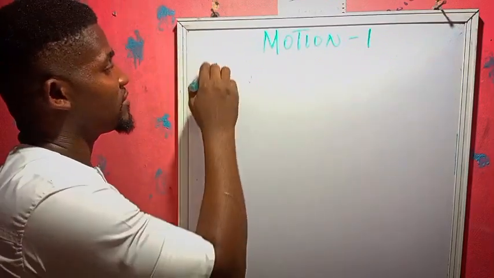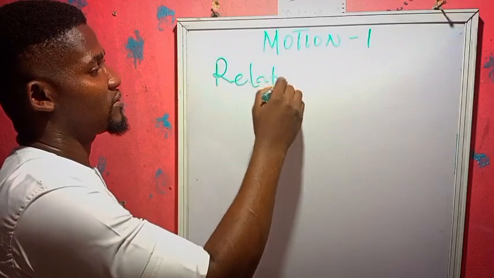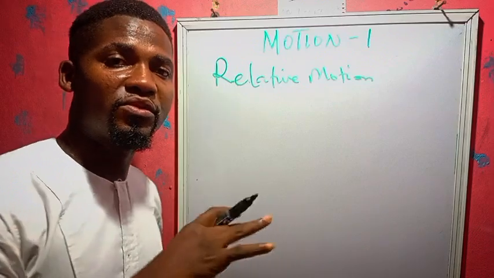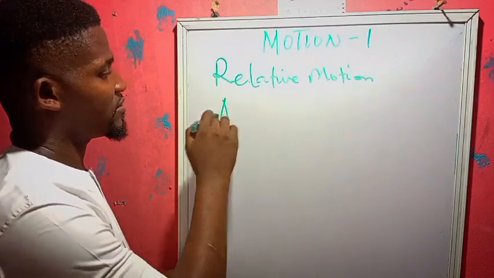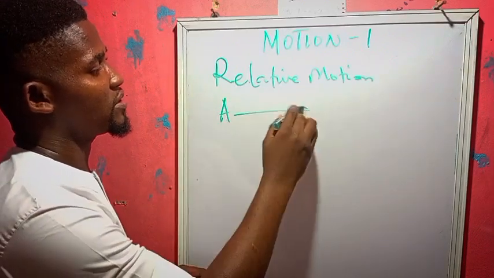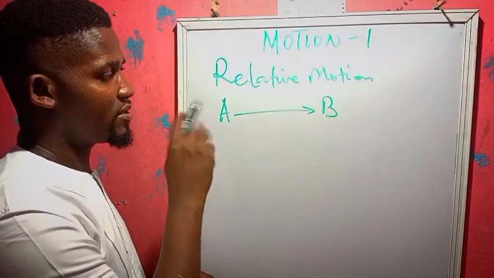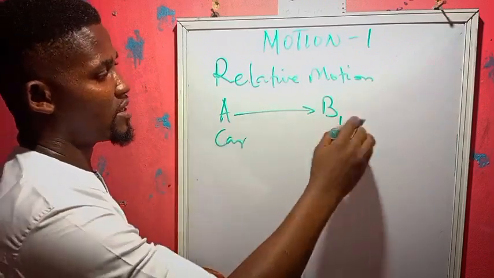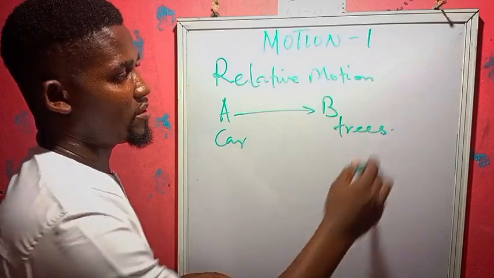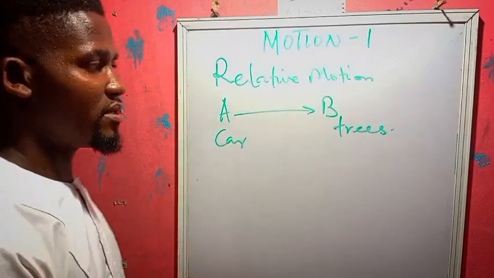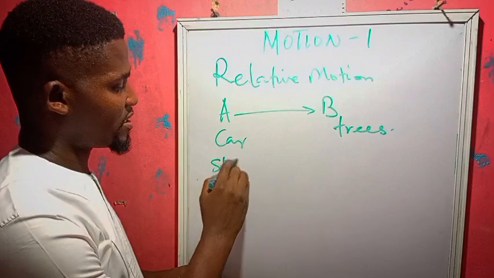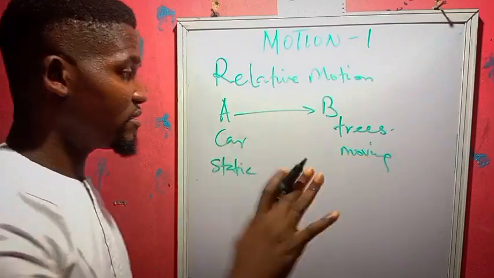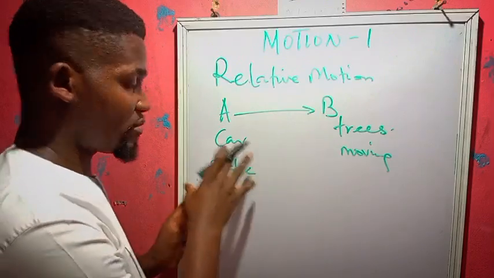Now we're looking at relative motion. Relative motion is the motion between two objects, A and B. Let's say you're sitting in a car, A, and outside the car you're seeing trees. It will appear as if the trees are moving while the car is static. Meanwhile, the trees are not actually moving; this is what is moving.